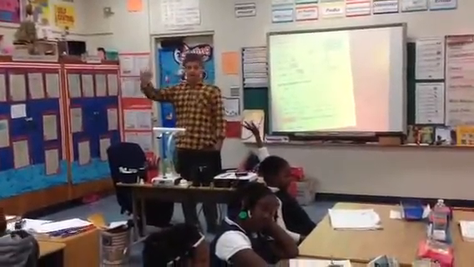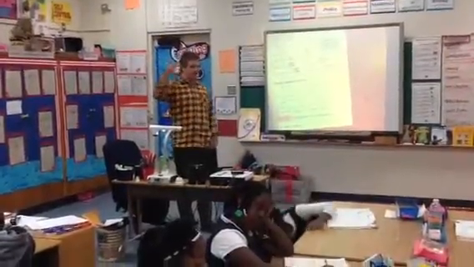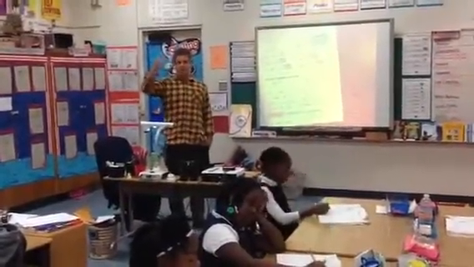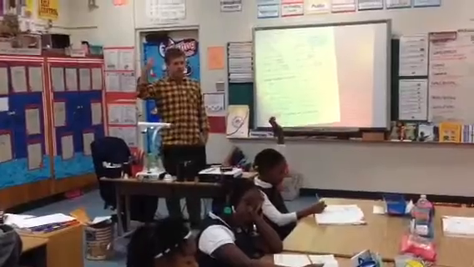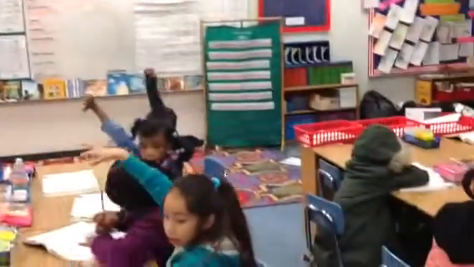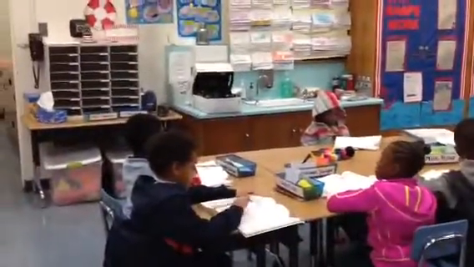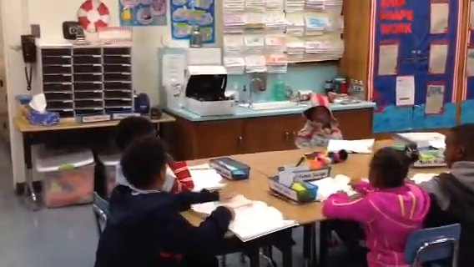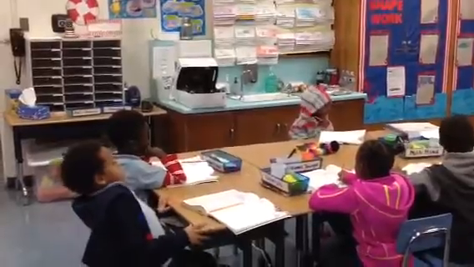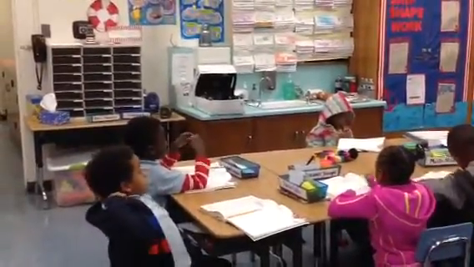You can just count forward. If you start at 322, count up 2, and we'll have the answer. Simon, what's 322 plus 2? 324. Thank you for reading that whole problem completely, Simon.